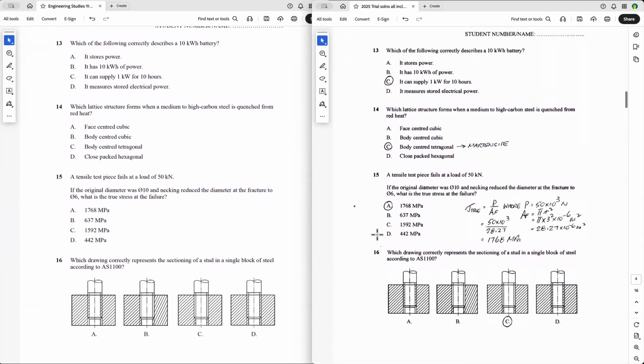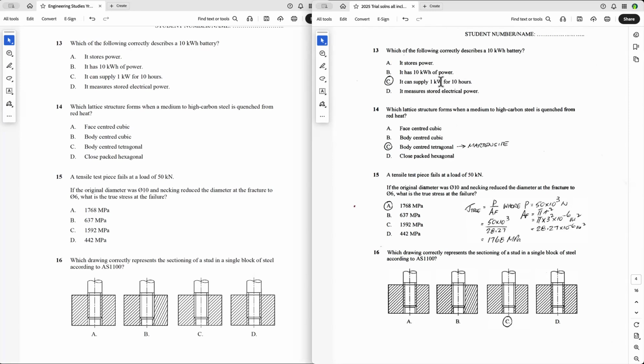Question 13, which of the following correctly describes a 10 kilowatt hour battery? It is C here because it can supply 1 kilowatt for 10 hours or 10 kilowatts in 1 hour. Question 14, which lattice structure forms when a medium to high carbon steel is quenched from red heat? Remember, that is always an intermediate phase between face centered cubic at red heat to body centered cubic at room temperature.